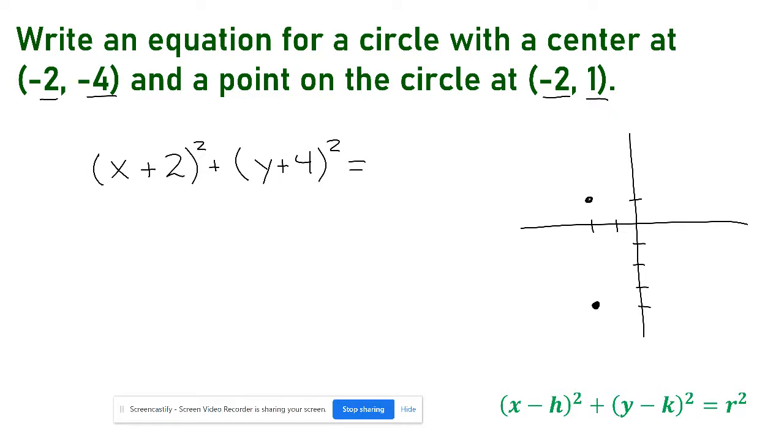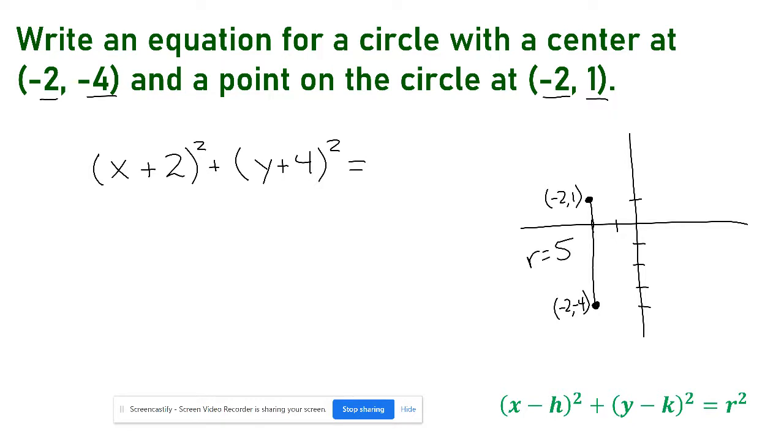The radius is going to be the distance between those two points, between the center and a point on the outside of the circle. If this is at +1 and this down here is at -4, I know the distance from +1 to -4 is 1, 2, 3, 4, 5. So I can just look and see, okay, this has a length of 5. So my radius is 5.